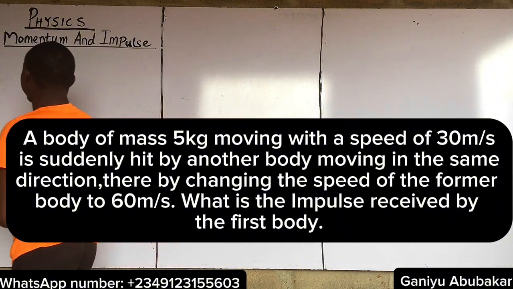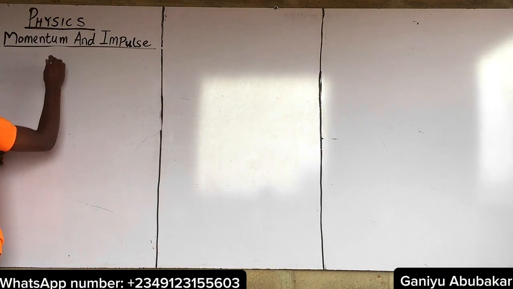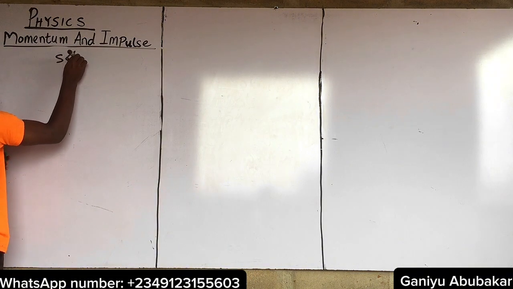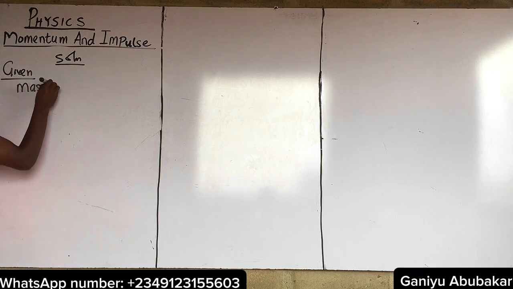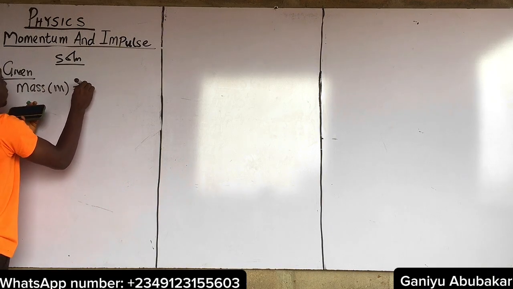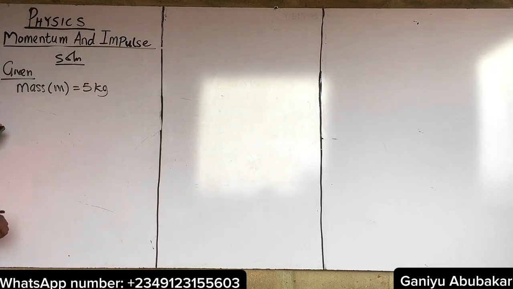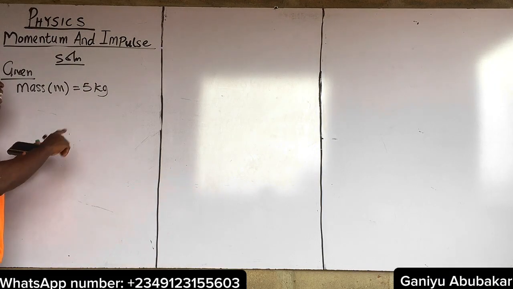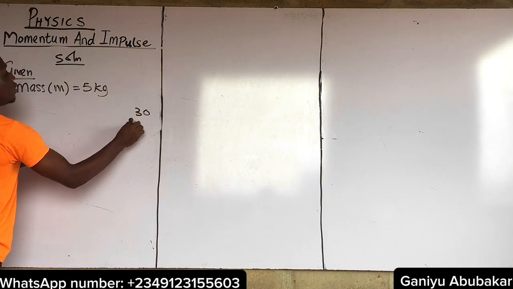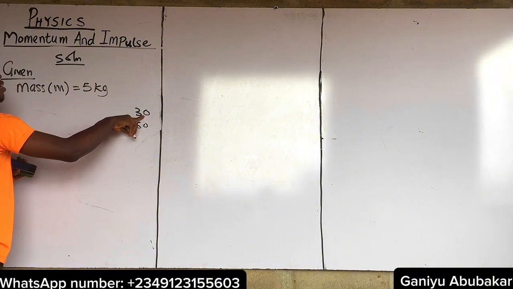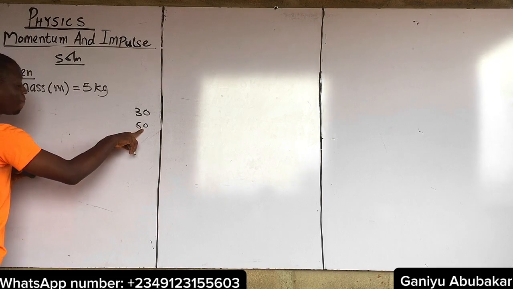At this point here, your first task in science is to list out the given parameters with units. What are you given? First there, I'm given a mass, that's m, which is 5 kg, moving with the speed of 30 meters per second. So when I read the question, I was having two velocities. One is 30, one is 60. Call this one the initial velocity and call this one the final velocity.